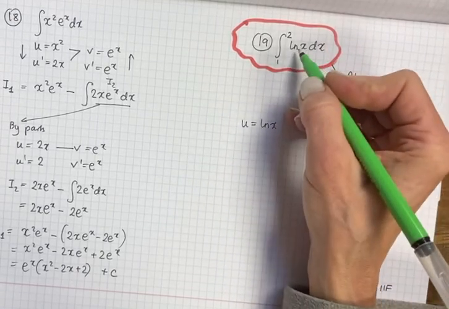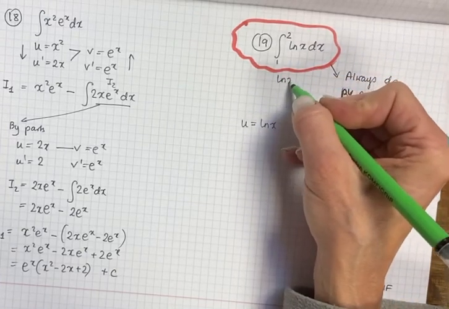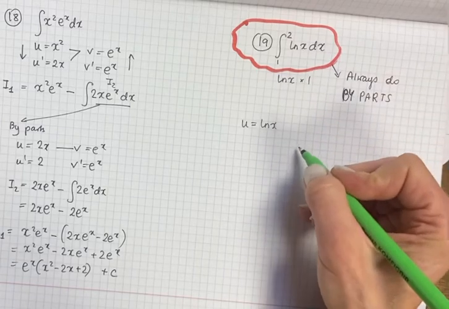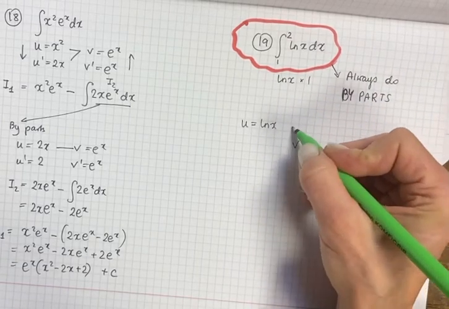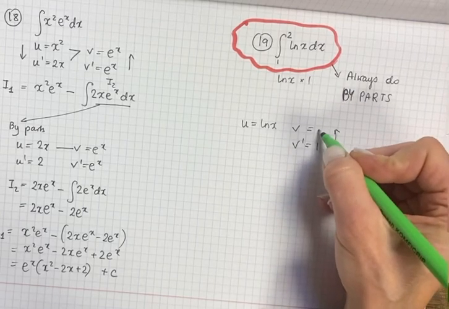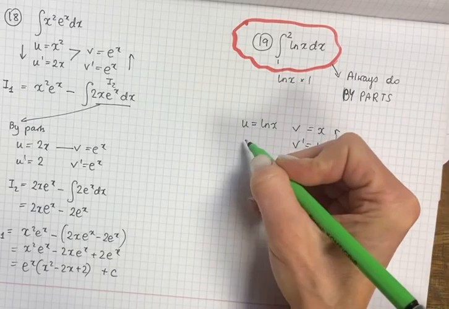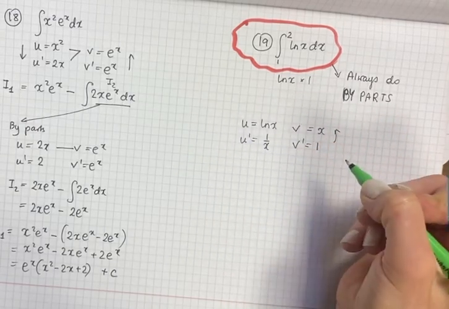But where is the product? Well, you might say there's only a single function, but that function is ln x times 1. So you're going to set v dash as 1. So v will be integrating, so 1 integrates to x, add 1 to the power, divide by the power, and ln x differentiates to 1 over x.